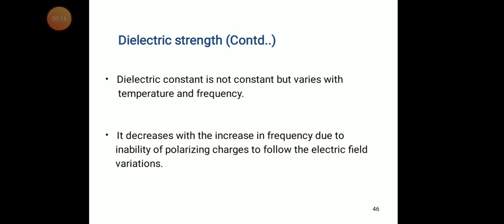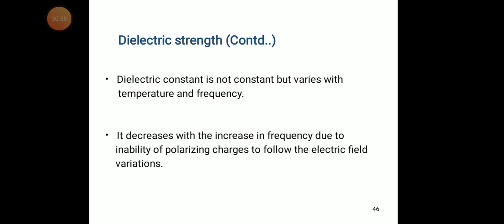So the dielectric constant is not constant but varies with temperature and frequency. If the temperature changes, the dielectric constant also changes. If the frequency changes, the dielectric constant also changes. It decreases with increasing frequency due to the inability of polarizing charges to follow the electric field variations.